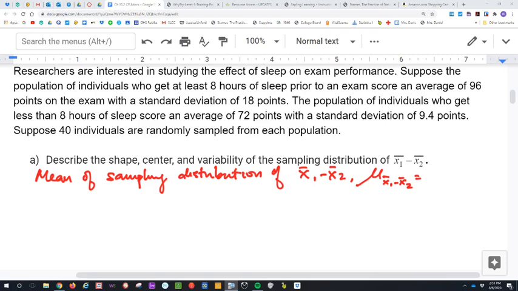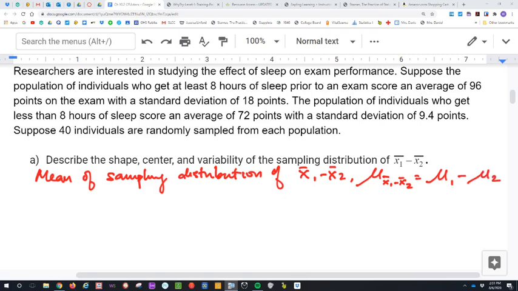Now, the mean of x1 bar minus x2 bar is the same thing as the population mean of the first population minus the population mean of the second population. So mu1 minus mu2.